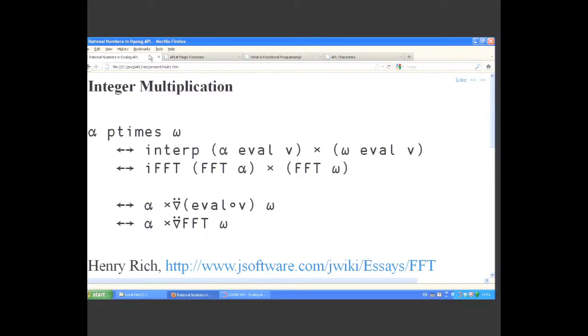Or a very short way of saying this is apply the fast Fourier transform on both arguments. And again, the fast Fourier transform is just polynomial evaluation. Do the ordinary vector product on the result, and then apply the inverse fast Fourier transform.